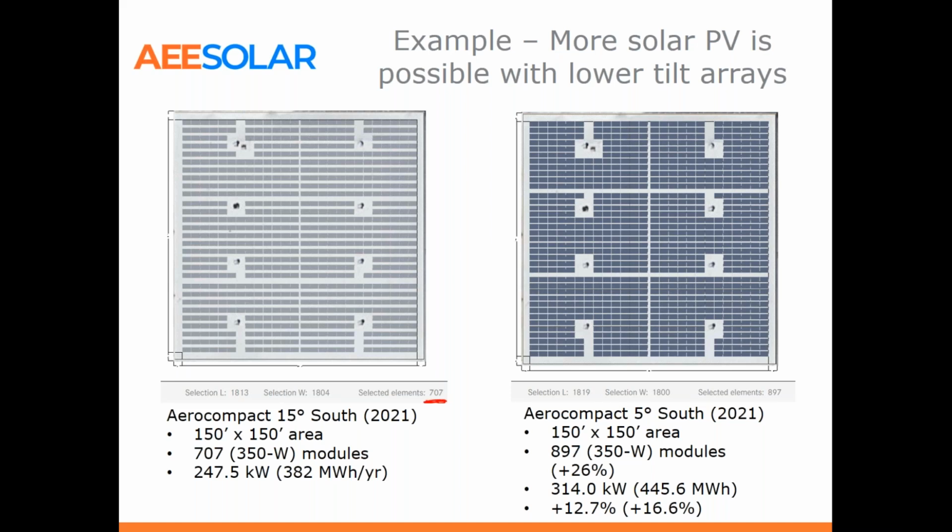And look at the increase in the megawatt hours we can offer to our customers. With the 15-degree south racking designed in 2021, 382 megawatt hours, and now we're up to 445 megawatt hours, again using PVWatts, year one production, Sacramento area.